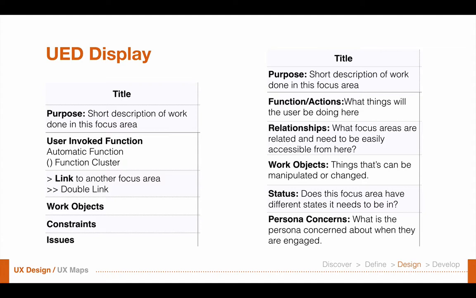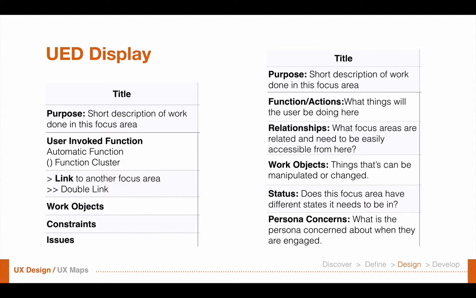What are the links that connect from this area to another focus area, which will lead to the later interactions between spaces, between interfaces? And then are there any links related to many other areas? So not only one link, but multiple links within this focus area.